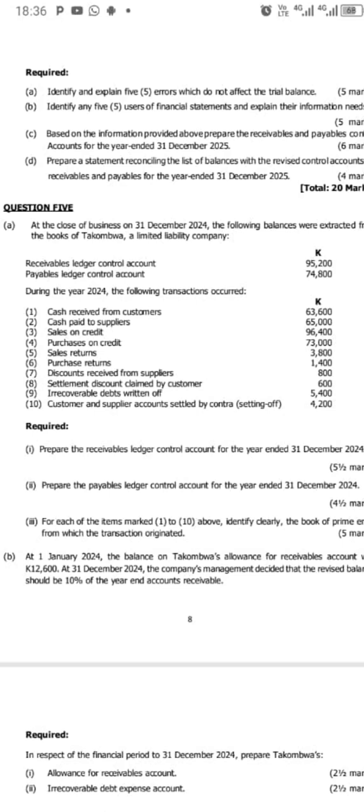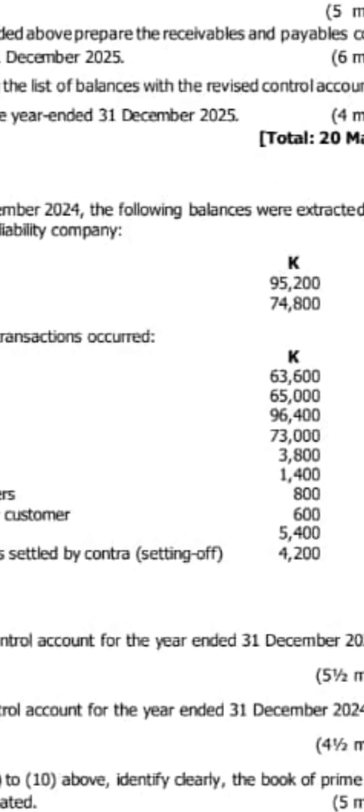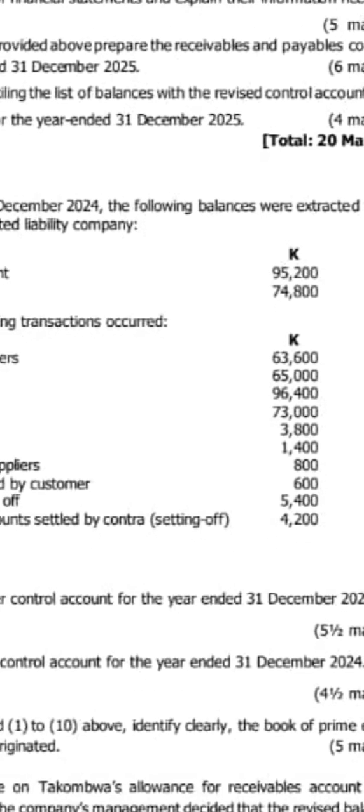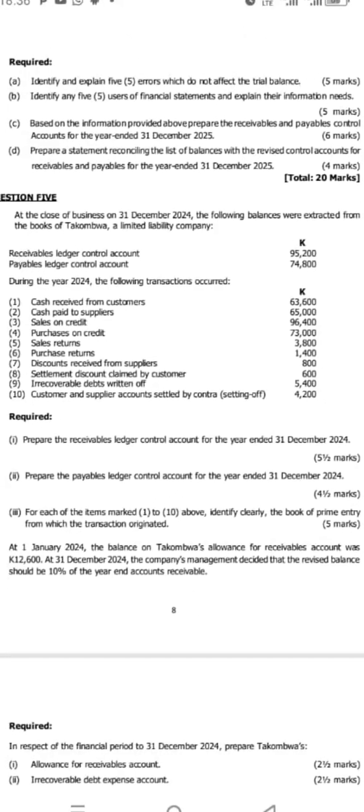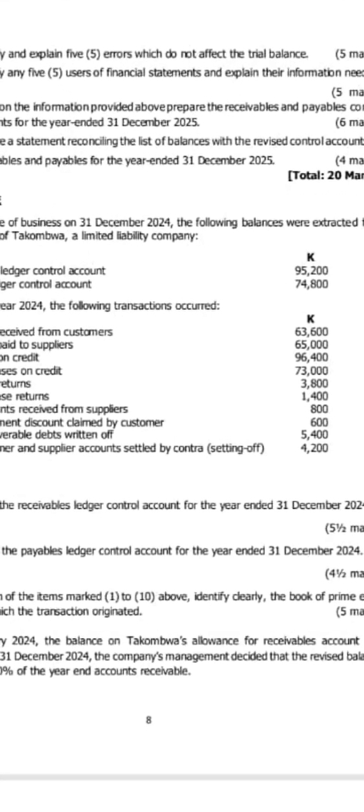So when we add up that amount, it should give us this amount that you are seeing here, which is 95,200 for the receivable. These are the customers, the people who bought goods on credit from us. So this is the balance for them now.